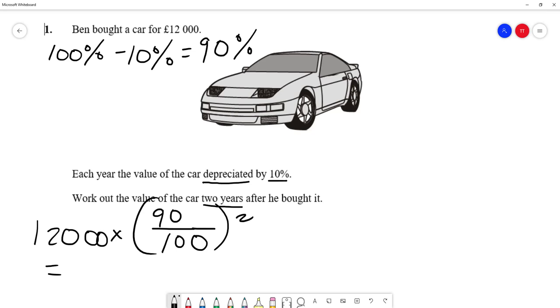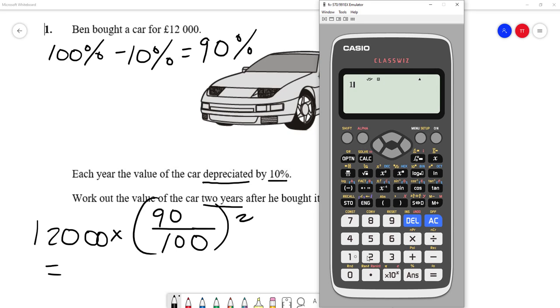Get our calculator. 12,000 times 90 over 100 raised to the power of 2. That gives me 9,720.